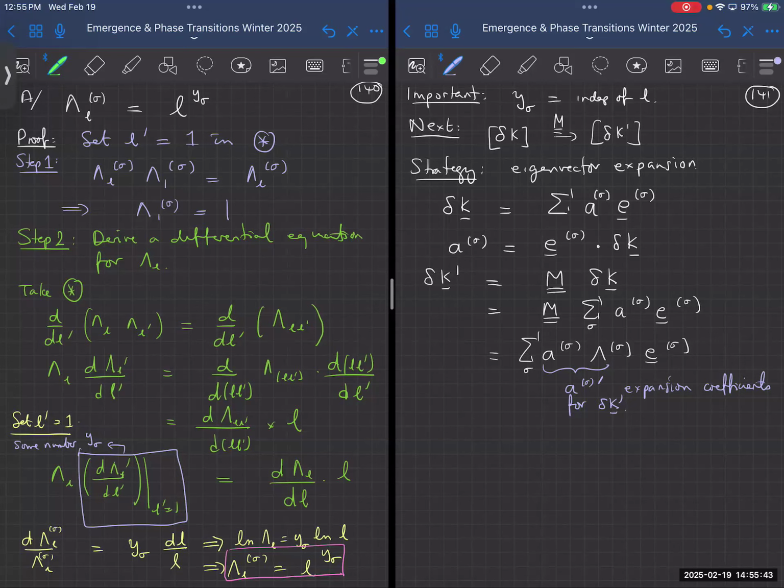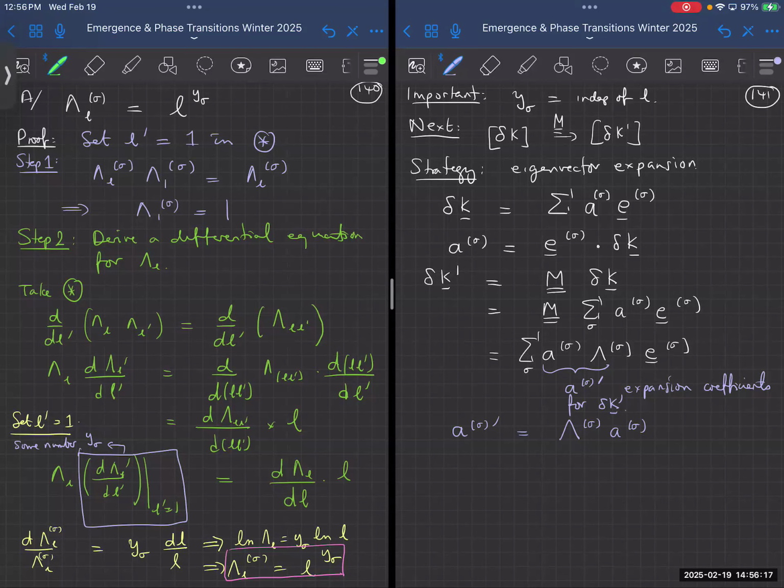Okay, so let's have a look at what those expansion coefficients look like. So A sigma for some particular direction sigma now has been multiplied by lambda of sigma, and some of those eigenvalues, lambda sigma, will be smaller than one, some will be greater than one. Remember that these lambdas are L to some power, so they have to be positive.